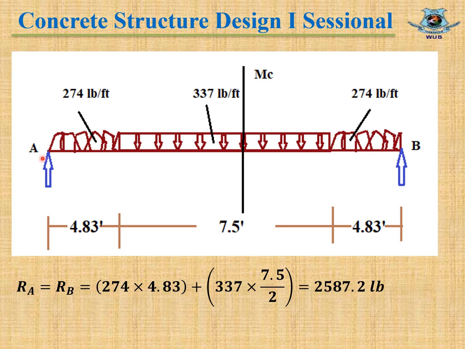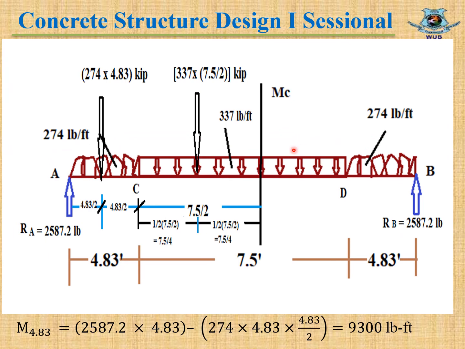Reaction at A and B, RA equal to RB equal to 274 into 4.83 plus 337 into 7.5 divided by 2 equal to 2587.2 pound.